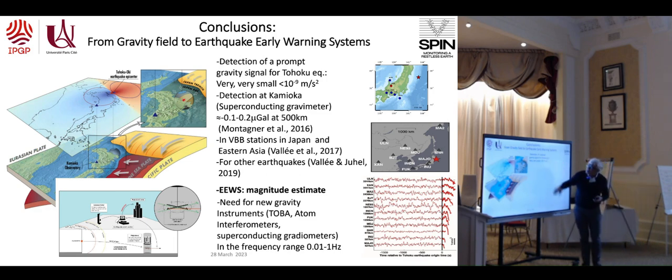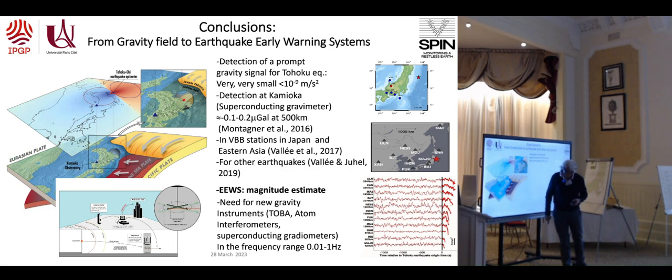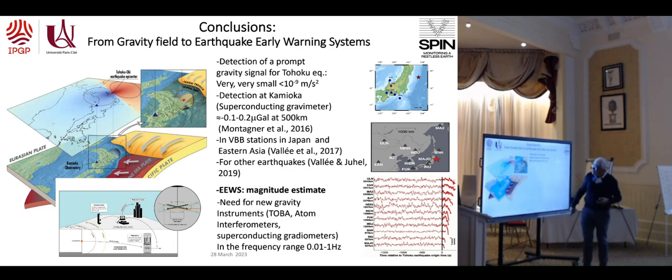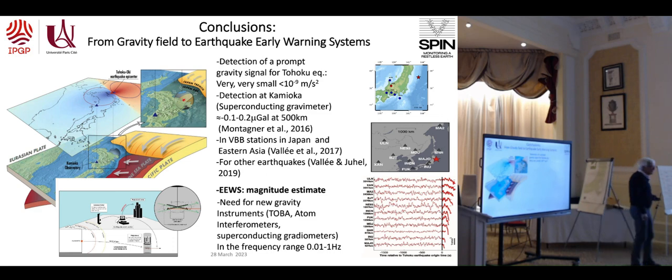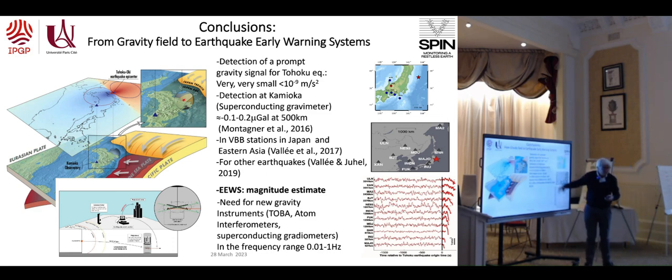This signal is quite small. It was observed for the Japan Tohoku earthquake, a huge earthquake, so very favorable conditions. It was detected at Kamioka in a superconducting gravimeter, but also in very broadband stations in Japan and Eastern Asia.